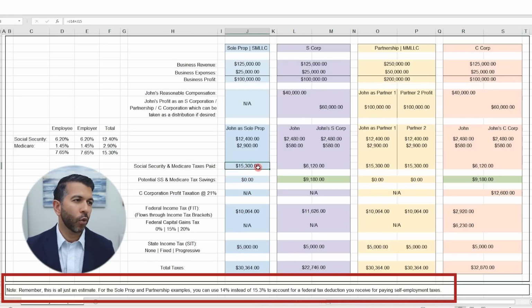So this would probably be more like 14,000 and these would be more like 14,000. The reason for that is you do get what's called an adjustment to gross income. I don't want to go into all those weeds here, but you would get a tax deduction for half of the Social Security and Medicare tax you would have to pay. And as a result, the way the math works out is that you'd pay around $14,000 here, again, for the sole proprietorship and the partners in the partnership.